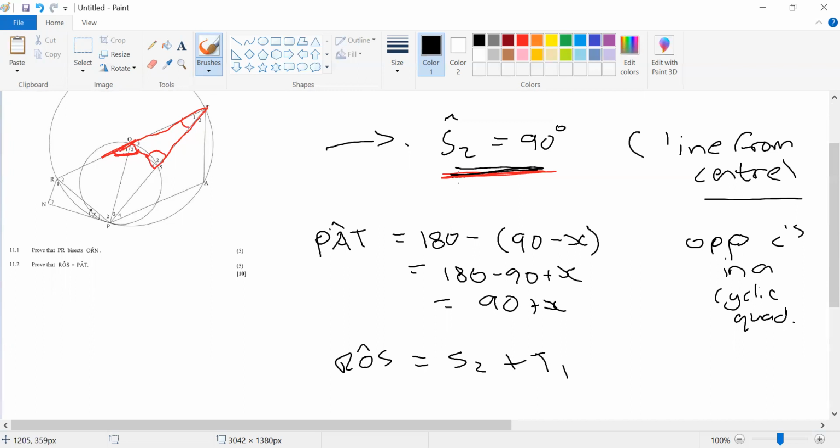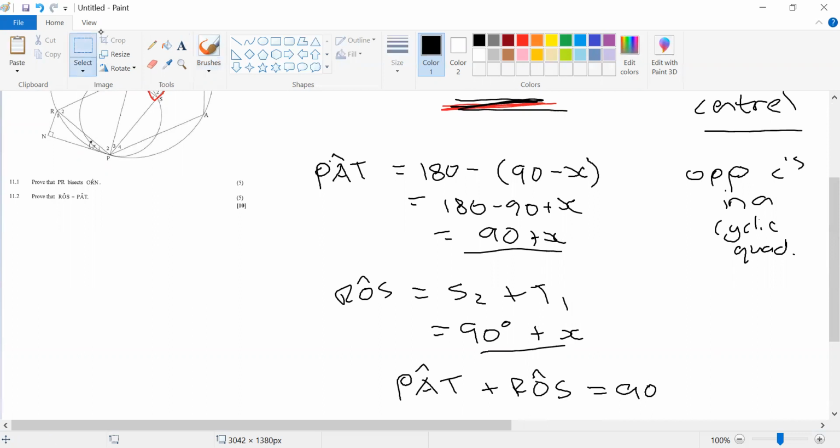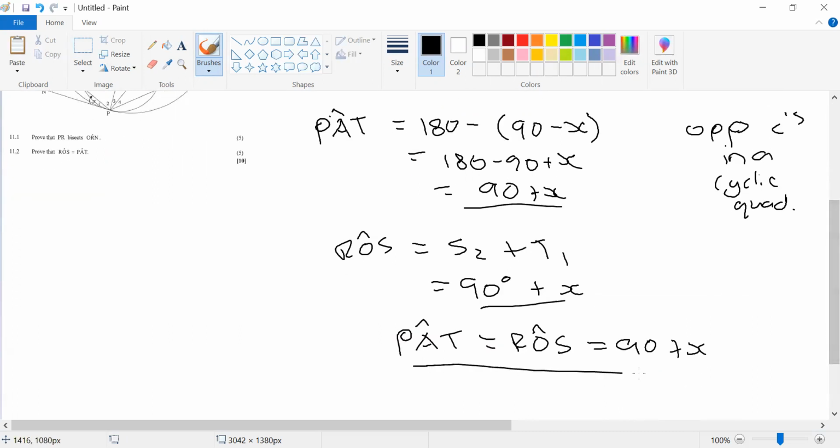And we've already just calculated that S2 is equal to 90 degrees. And we've already determined that angle T1 is equal to X. Now, if we see, PAT is equal to 90 plus X, ROS is equal to 90 plus X. So PAT is equal to ROS, which is equal to 90 plus X. And that's literally what we needed to prove.